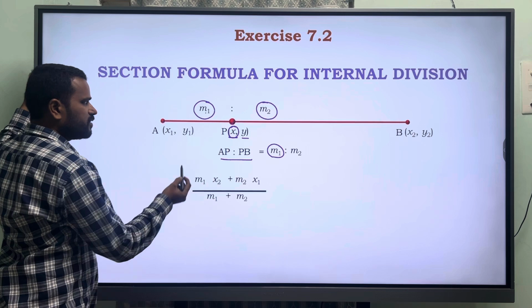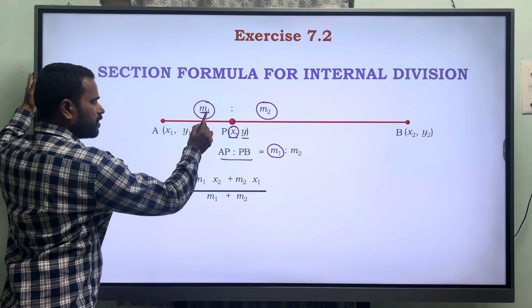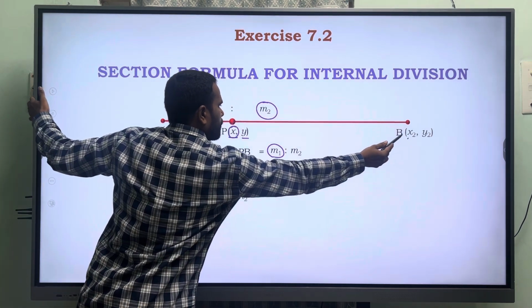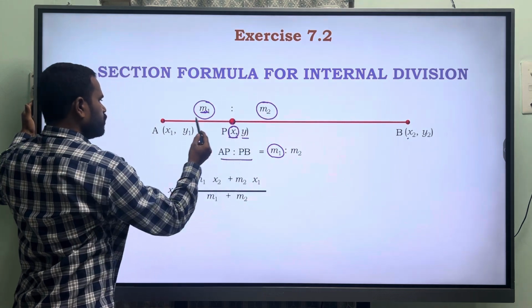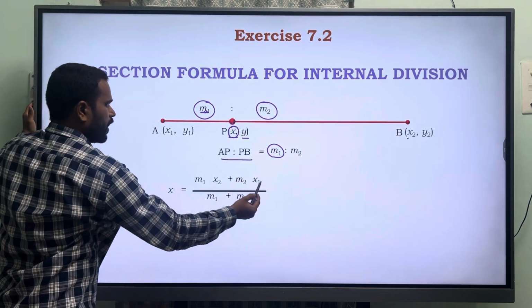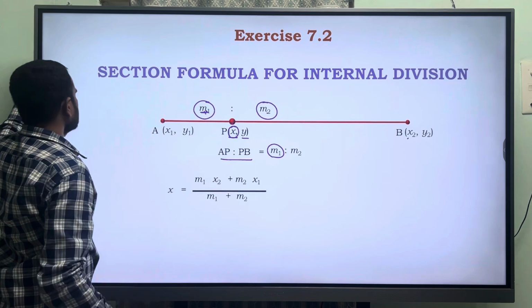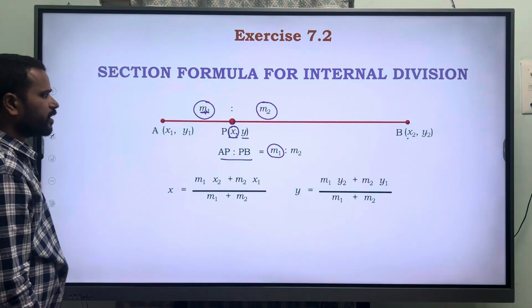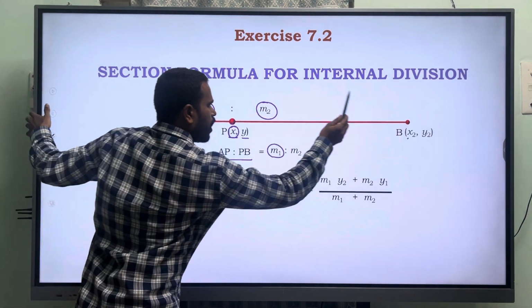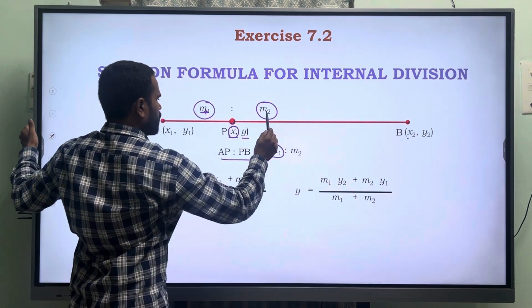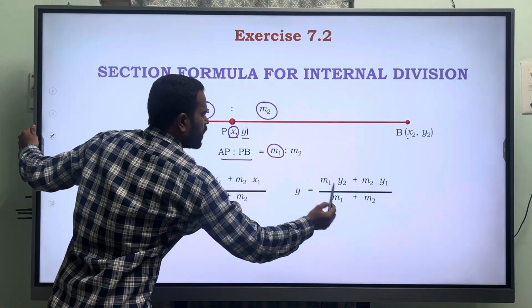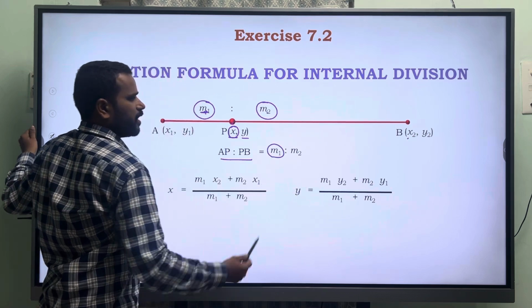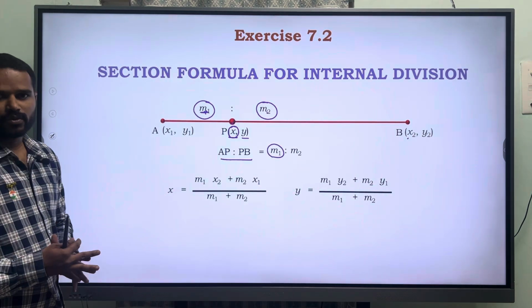We calculate it as (m1 x2 plus m2 x1) by (m1 plus m2). Similarly, the y coordinate is (m1 y2 plus m2 y1) by (m1 plus m2). This is how we are going to do it.